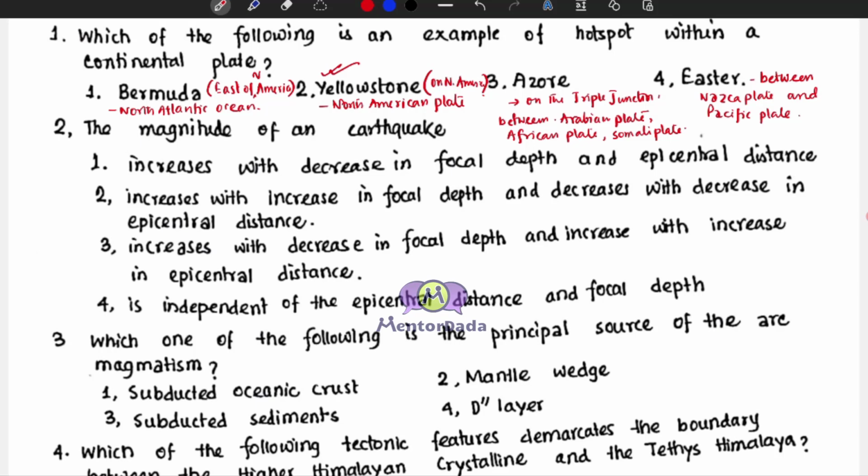In any earthquake, the released energy is a fixed value, so it does not depend on epicentral distance or focal depth. So option 4 will be your correct answer.